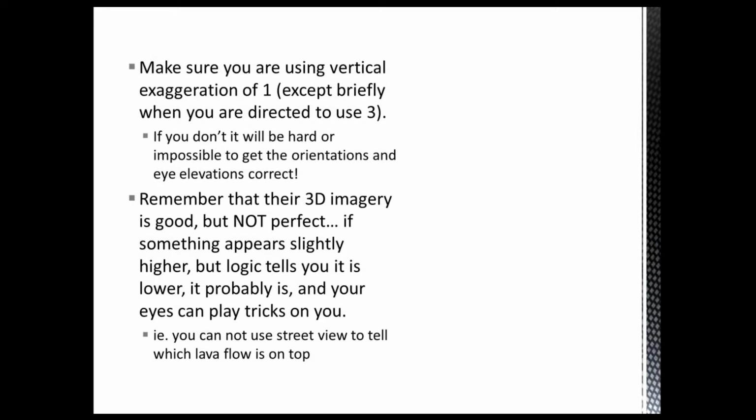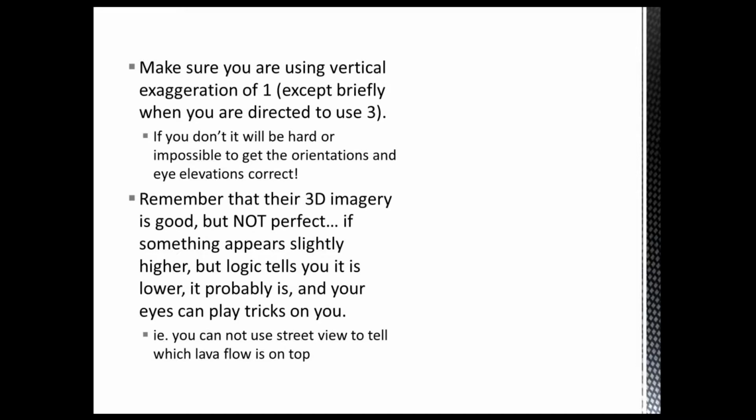So each individual flow is not thick enough to really show in the 3D imagery. So even with a vertical exaggeration of 3, that's not going to really help you very much. So you can't just go into Street View, look at the edge and say, oh, this one looks higher than the other, so it's younger.